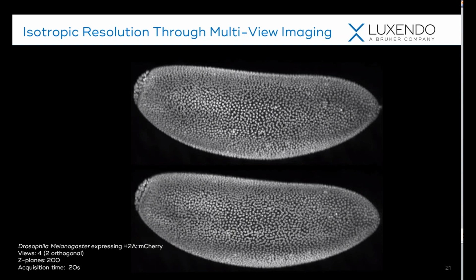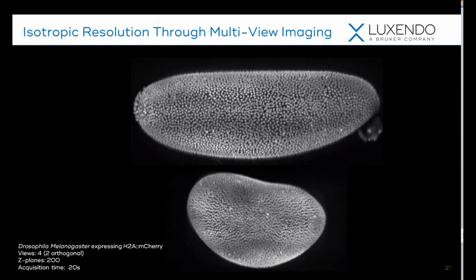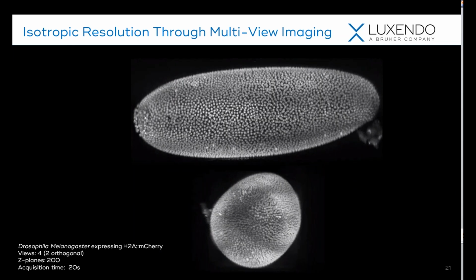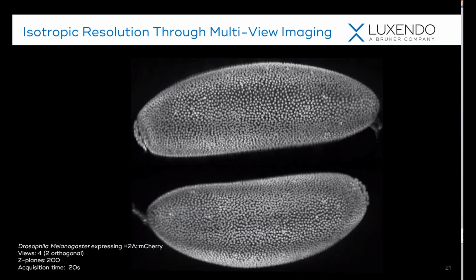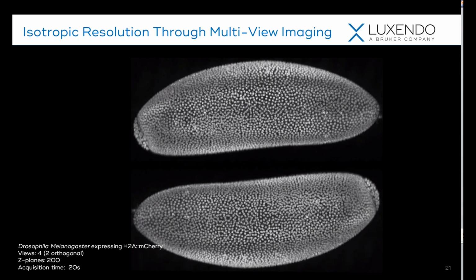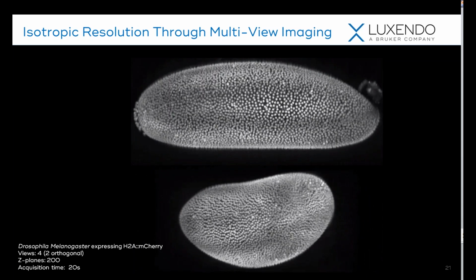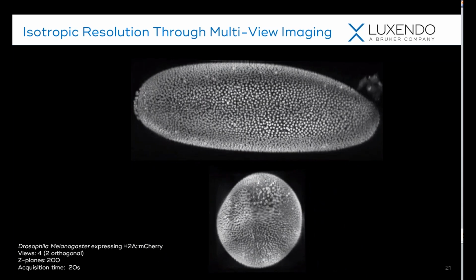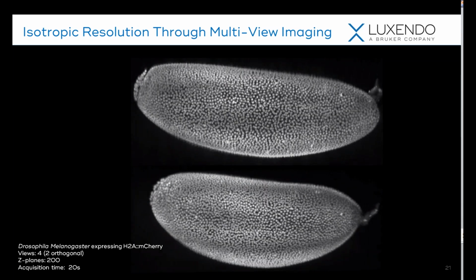And what we can also do is use the ability to rotate, to give us full isotropic resolution by turning the sample 90 degrees and letting us see all four sides of the sample with essentially taking two images, allowing us to create these very beautiful isotropic images, such as this Drosophila embryo shown here.